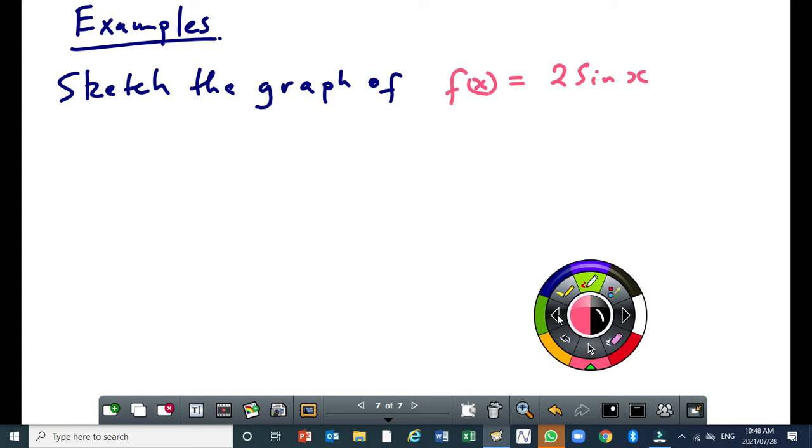Now the thing is, I'm going to ask you later to sketch the basic graph on the same system of axes after sketching 2 sine x.